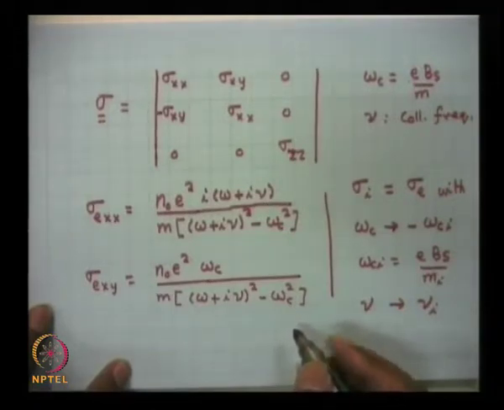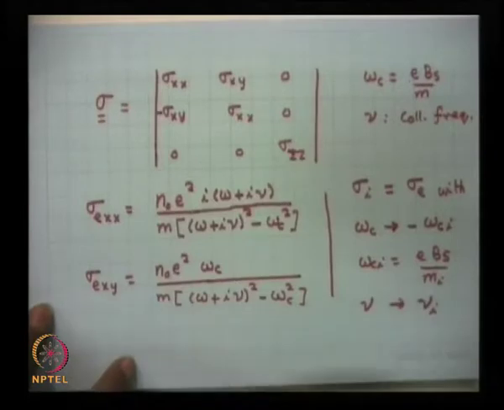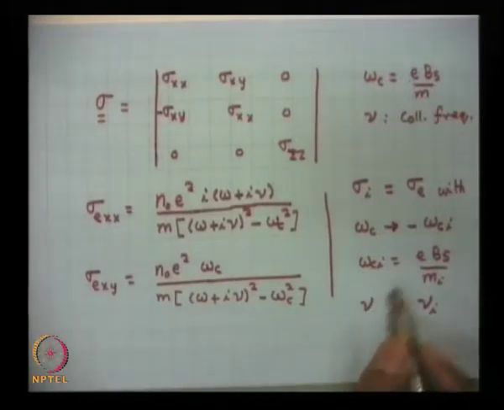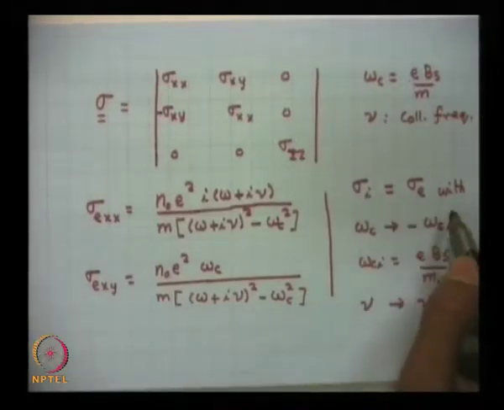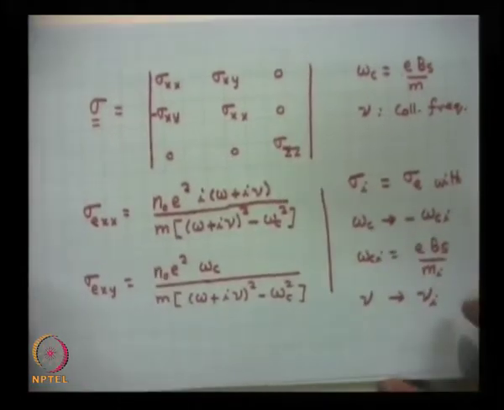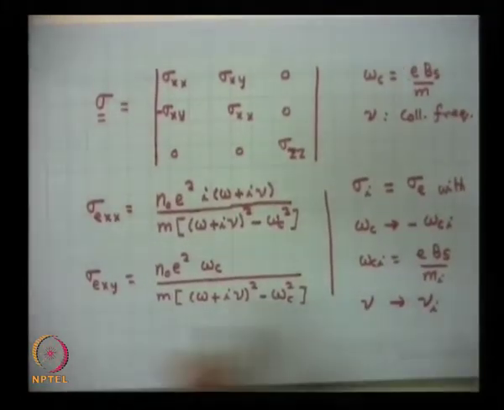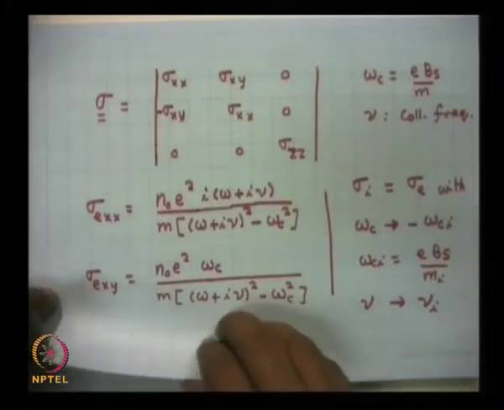With these changes, the conductivity for ions can be written. Once conductivity is known to us, it is easy to study the propagation of electromagnetic waves.